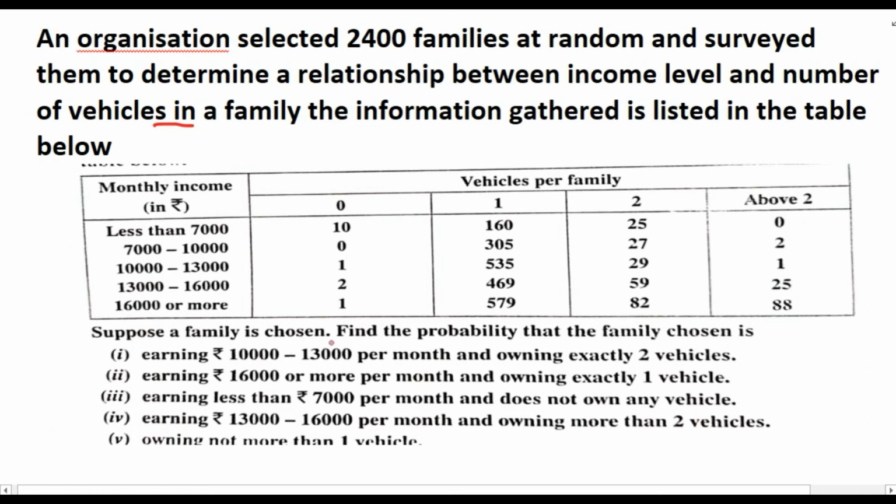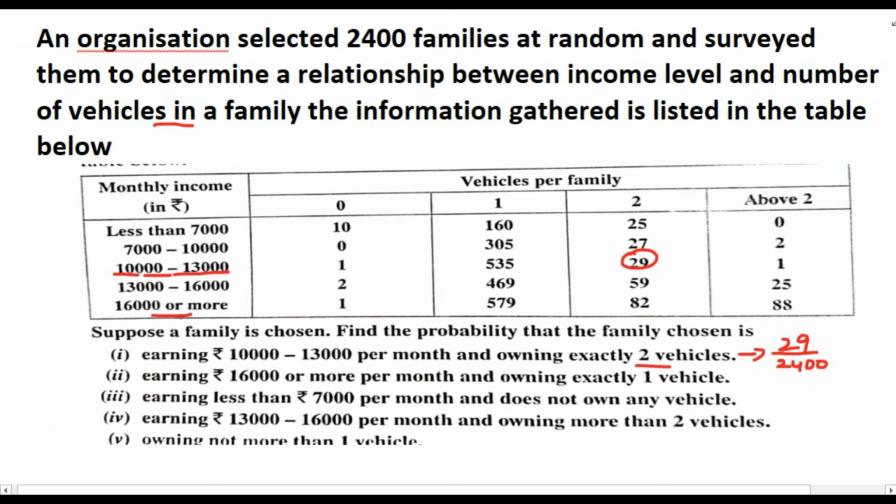Now suppose a family is chosen, you need to find the probability that the family chosen earns between 10,000 to 13,000. So you should look at this row, and they are owning exactly 2 vehicles. So exactly 2 vehicles means the probability will be 29 by the total number of families, 2,400. Again, earning 16,000 or more.